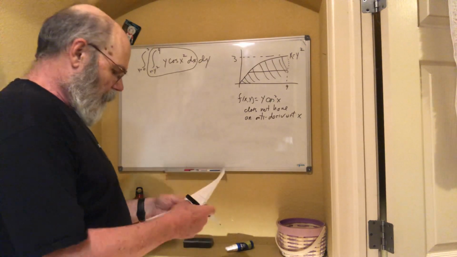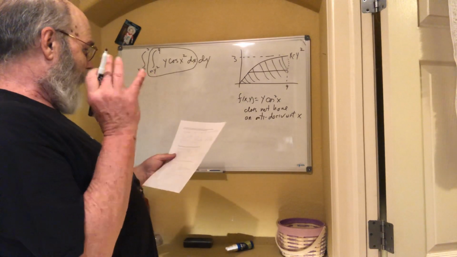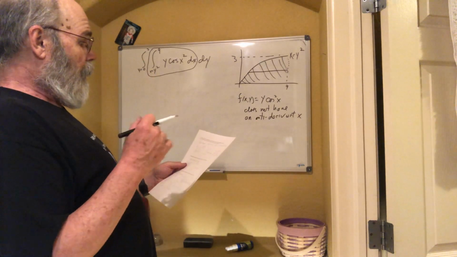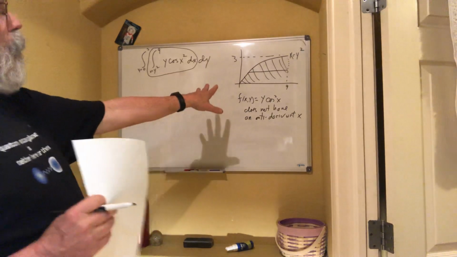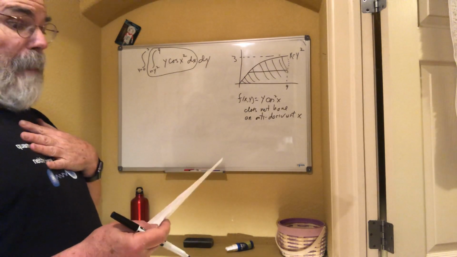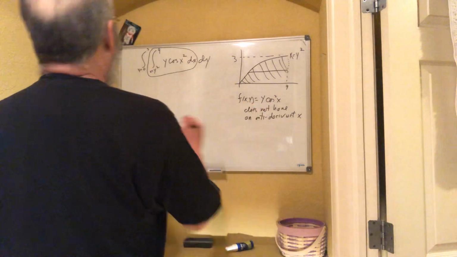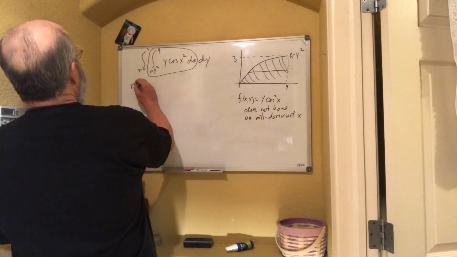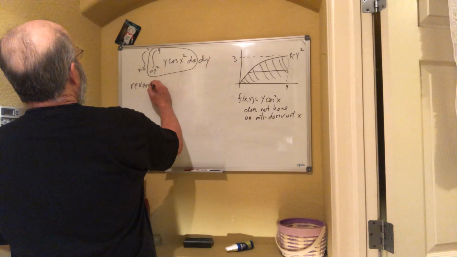I'm stuck. But what I can do, the tricky part here, is reparameterize this in the other order, and then it will be possible. It's easy to see, so let's go ahead and write that down.